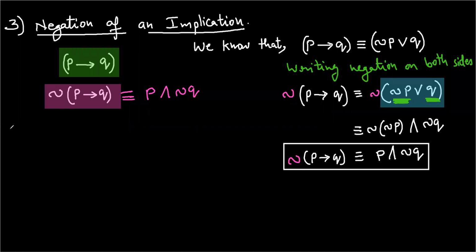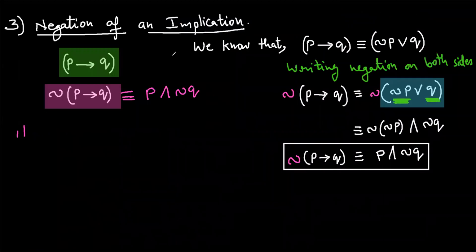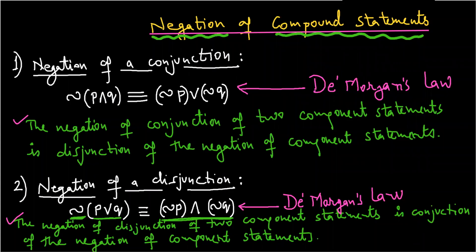I will also write the answer in verbal statement. So here I write, as we wrote the laws for negation of conjunction and negation of disjunction, I will write the law for negation of implication.